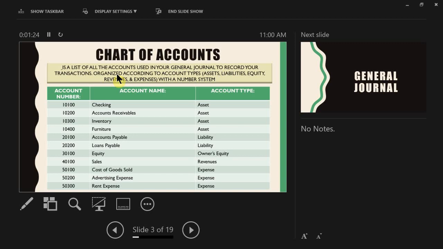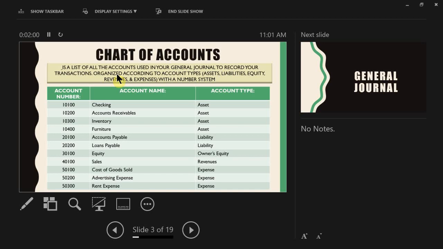Usually it will give you what kind of type they are, and this is optional, but it is very preferable to have an account number. What the account number does is it builds a sequence for you so you can recognize your accounts quicker. Also, maybe you memorize numbers more than you memorize the names. So that is a way that it keeps you and your accounts organized. It's like a sequence, a series of some kind of method to organize your accounts.